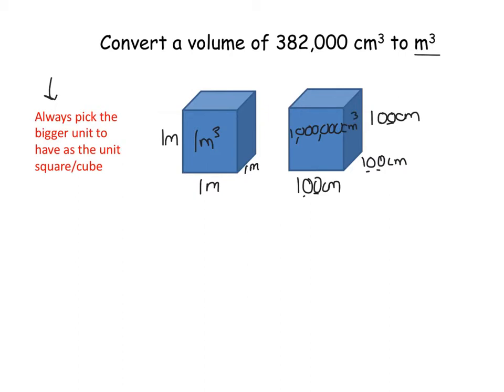So what I've actually got is 1,000,000 centimetres cubed. So 1 metre cubed is actually 1,000,000 centimetres cubed. So to get from metres cubed to centimetres cubed, I need to be timesing by that million.